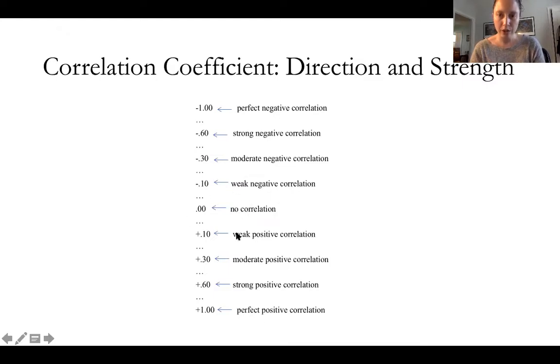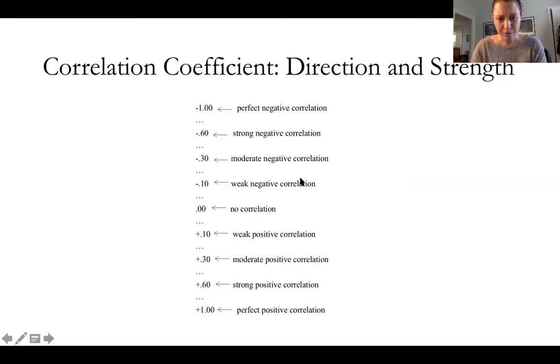If you get a correlation coefficient of 0, there's no relationship there, there's no correlation. So those 2 things don't really have a strong relationship at all. And then as the number goes past 0 and goes towards 1, you get a very, very strong positive correlation. As this variable goes up, this other variable really, really goes up.